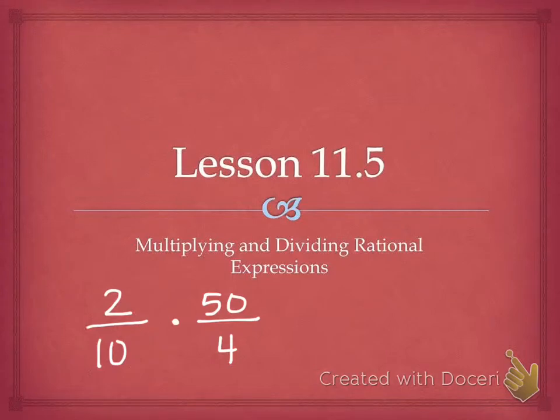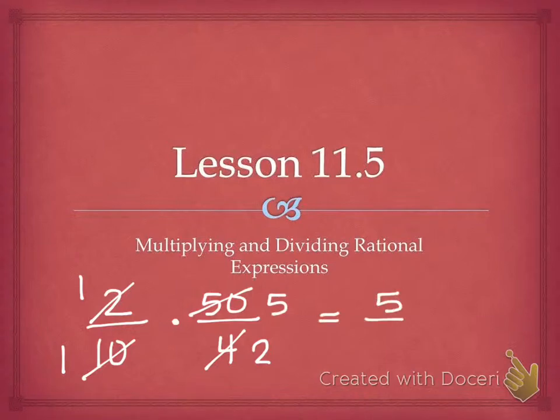Or I could reduce diagonally. What number goes into both 2 and 4? 2. So this changes to a 1, and this changes to a 2. What number goes into both 10 and 50? 10. 10 goes into 10 one time, and 10 goes into 50 5 times. And then I've got 5 over 2.